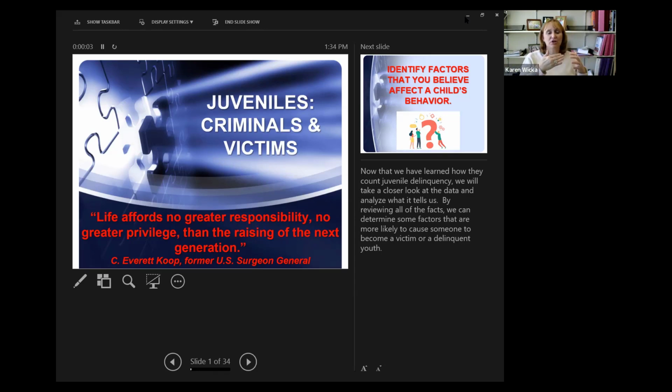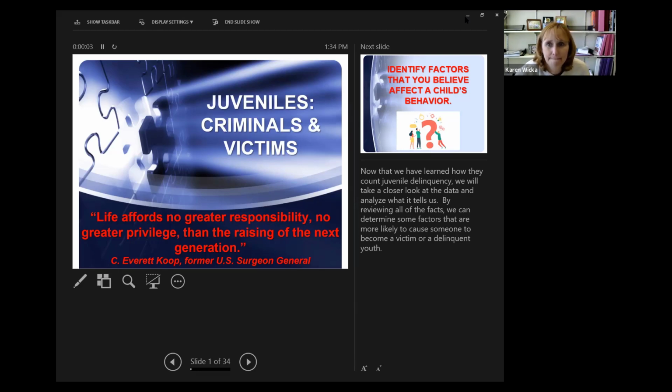They just could contribute to more likelihood of becoming delinquent. And the more risk factors you have, the more risk you have of becoming delinquent. But don't just assume that they are going to automatically become delinquent just because they have these factors.